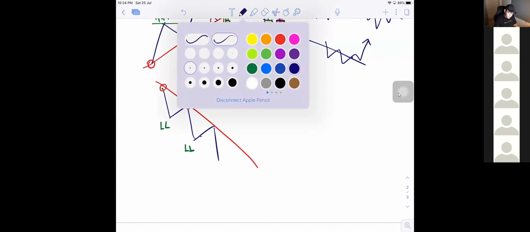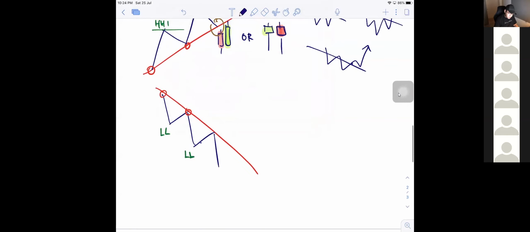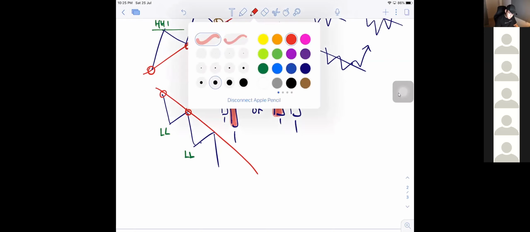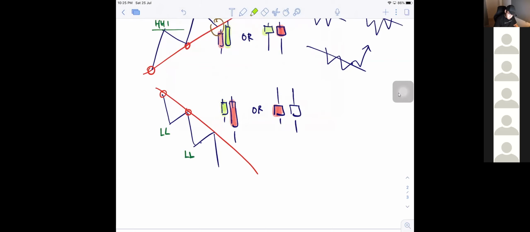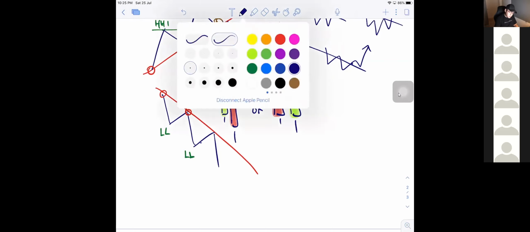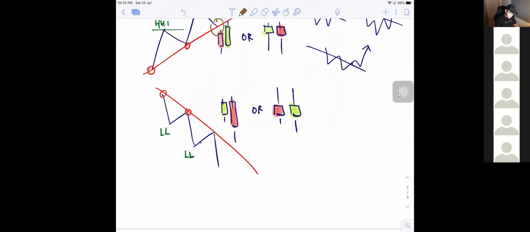If we are trading with only one time frame, we are looking for either these two. Okay, so this is only on a single time frame, which is the H4.